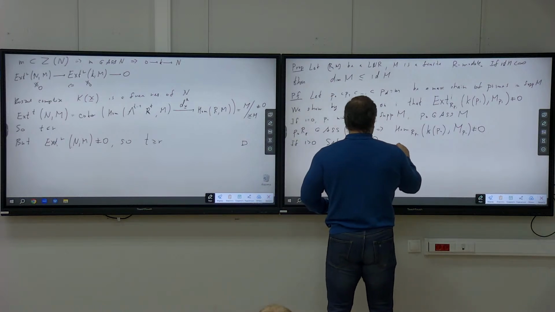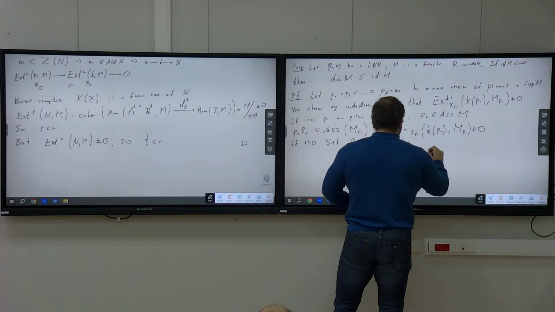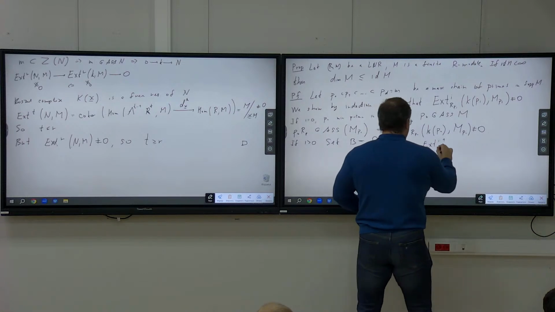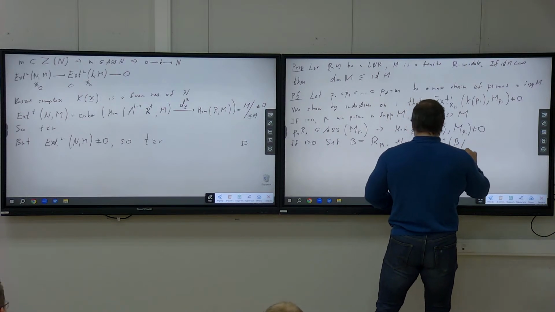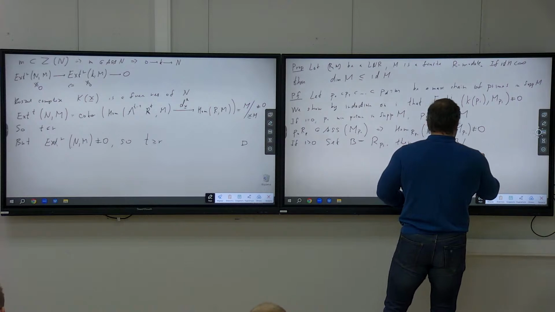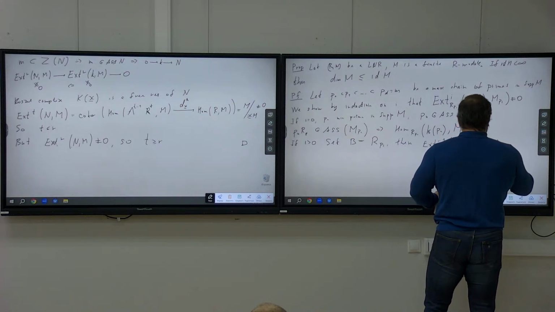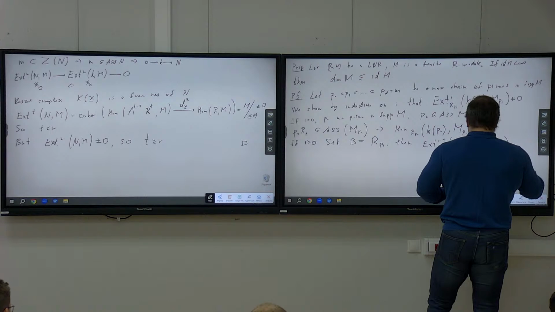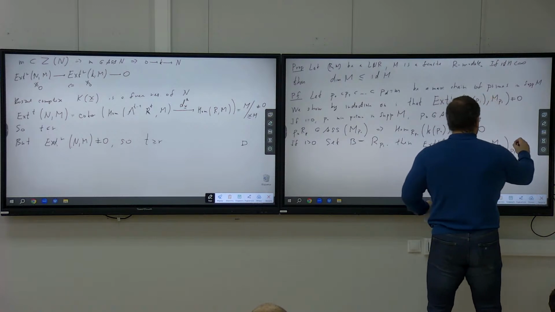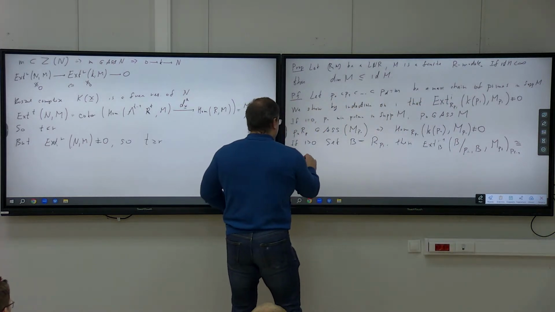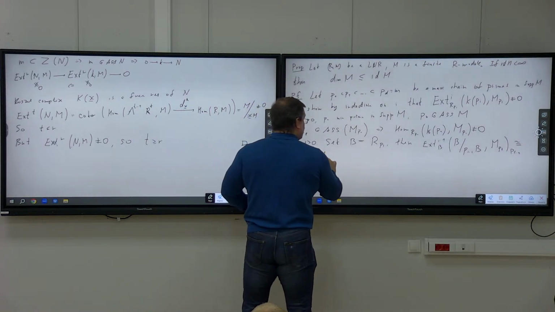Then Ext with the index I minus 1 over the ring B, where you take B quotient by P(i-1) B, just the extension of this ideal to B, and M_Pi, and then you localize this at P(i-1) B. Okay, so this thing is isomorphic to the Ext with index I minus 1.